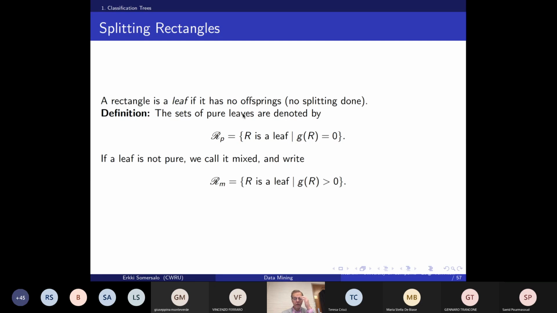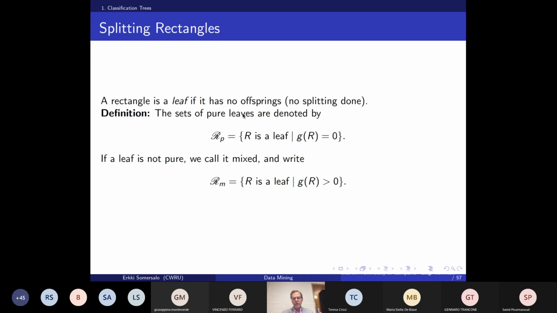Okay, so that's the starting point. And then you start splitting the rectangles. So you make the first split of the initial rectangle, and then you look at the resulting left and right rectangle, and then you split those. Then you continue, and so that way you are constructing a tree.